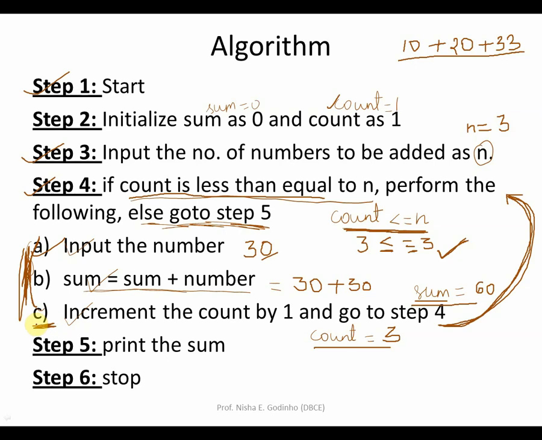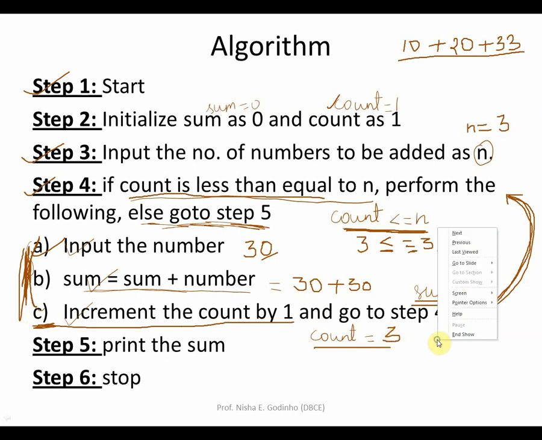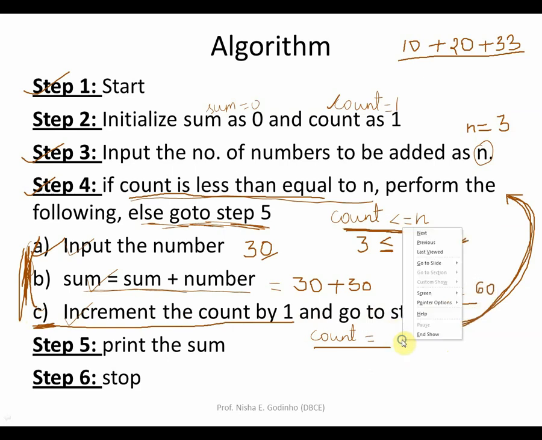The next step you can see is step C, which is saying increment the count by 1. So count was 3 last time. So now we have to increment it. So it will be incremented from 3 to 4. So we'll erase the 3 and let's make it 4. So count is now 4.